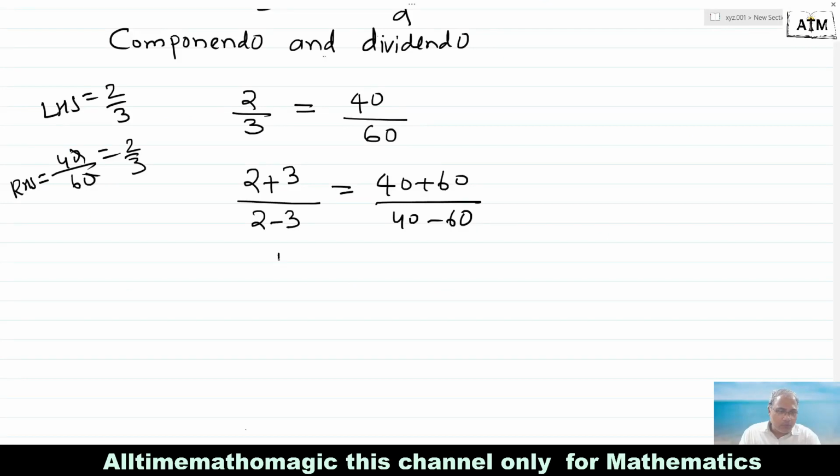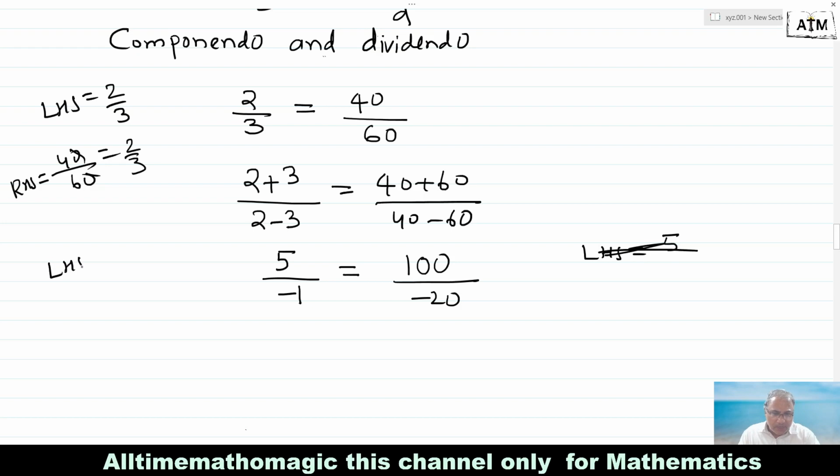So LHS becomes 5 upon minus 1 and RHS becomes 100 upon minus 20. Are they in proportion? Let us check. What is LHS? LHS equals 5 upon minus 1 equals minus 5.